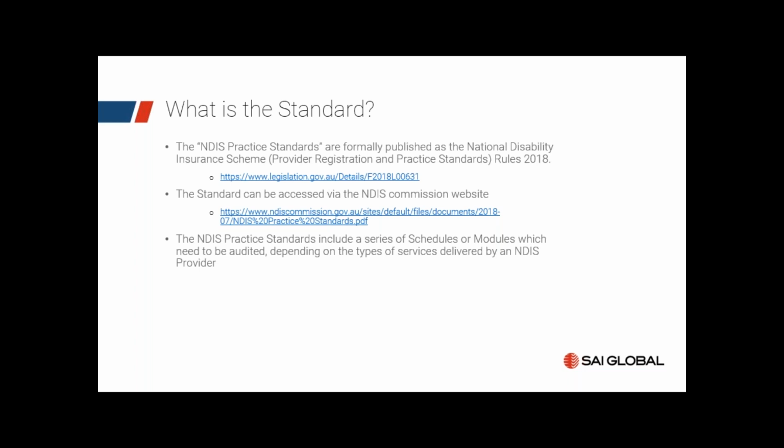The standard itself, including the different modules and the requirements that sit under those modules, are also available through the NDIS Commission website, and there's a link there on the slide that takes you to the standard itself, which is a much easier to read version of the standard for those doing the implementation. Depending on the type of service you provide, there are different modules that need to be audited against.